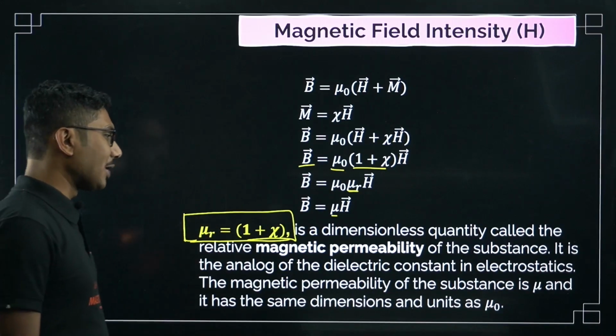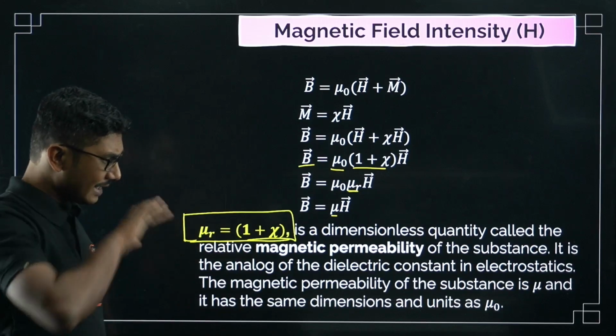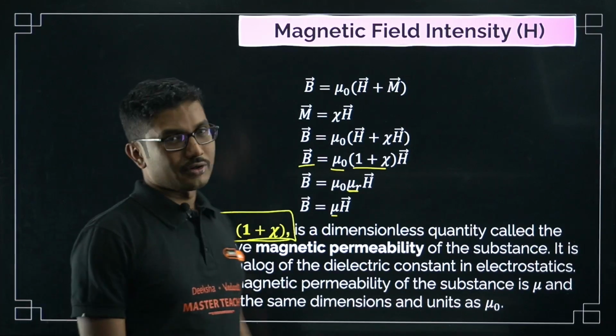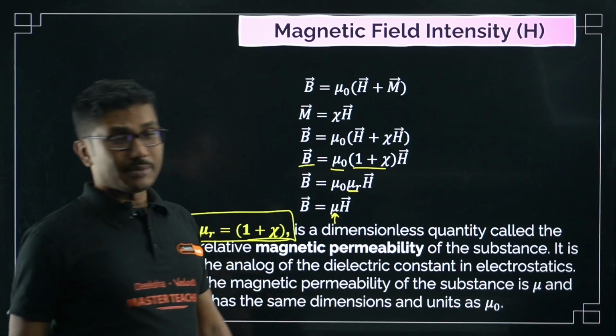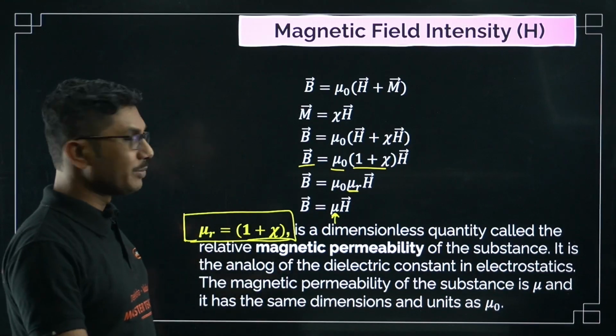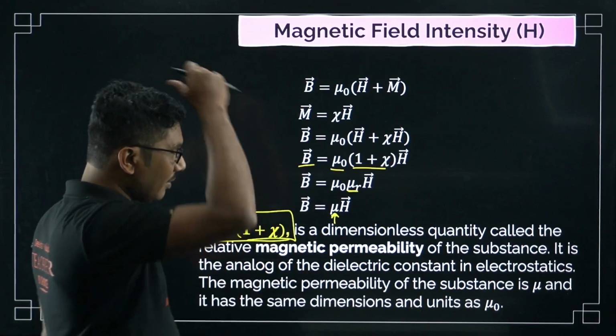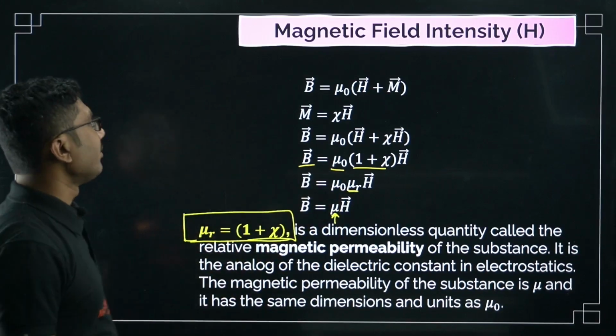The magnetic permeability of the substance is mu and has the same dimension and units as mu naught. This is also the magnetic permeability of a medium. It varies from medium to medium, and it is the product of relative permeability and free space permeability.